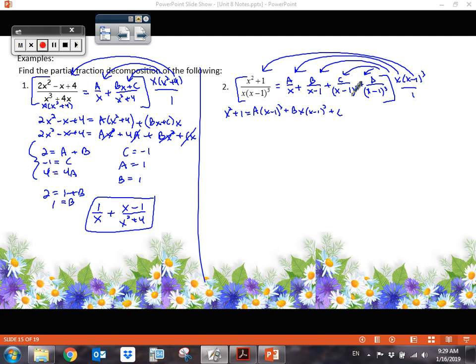For the c fraction, I have x minus 1 squared, so I'm going to need the x and one of the x minus 1s. And for the d fraction, I'm just going to need the x. Is that okay? So here, yes, that's x minus 1 cubed, yes.